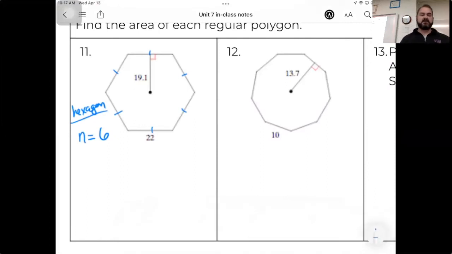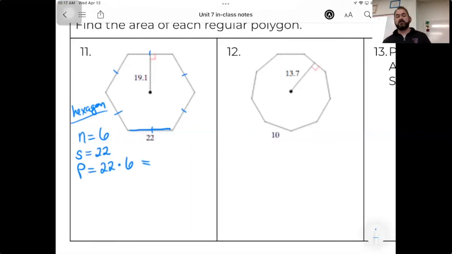So if the number of sides is 6 and each side length down here would be 22, then I can find my perimeter by multiplying those two. I take my side length 22 times the number of sides, and I find the perimeter first because my area formula needs capital P. I need perimeter. 22 times 6 is 132.